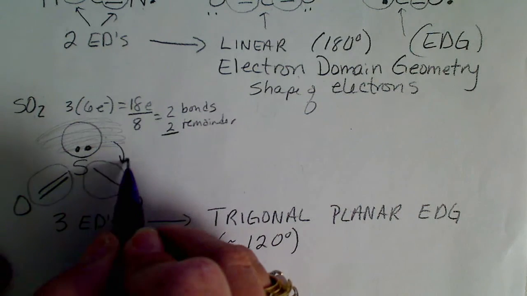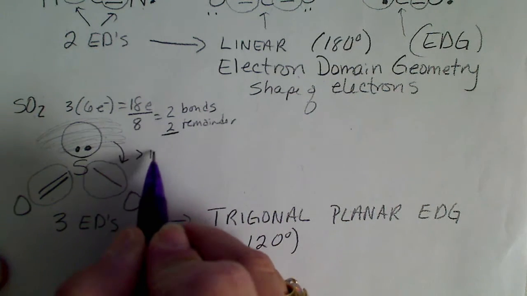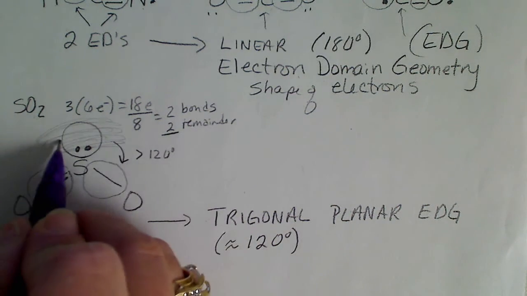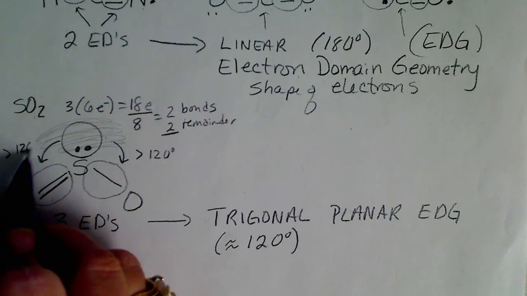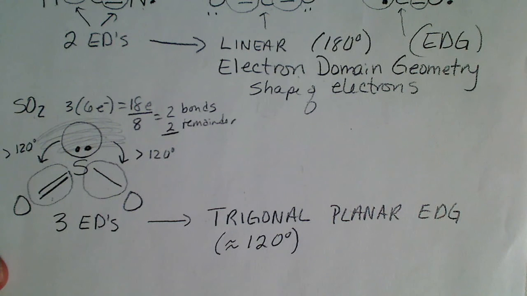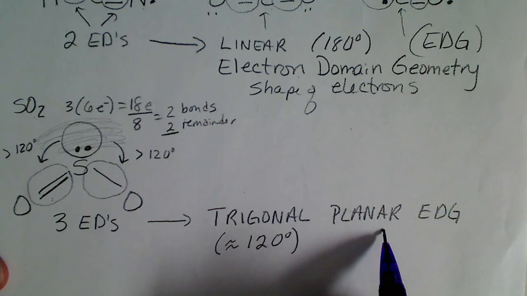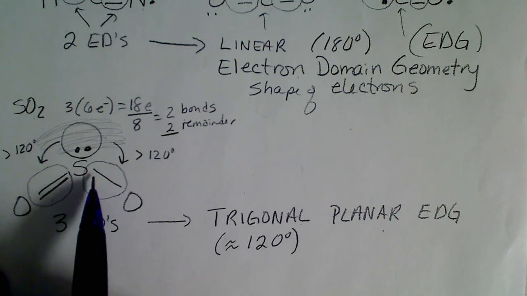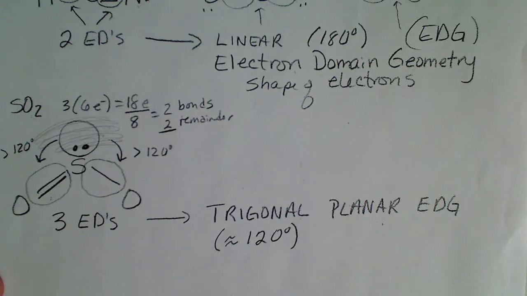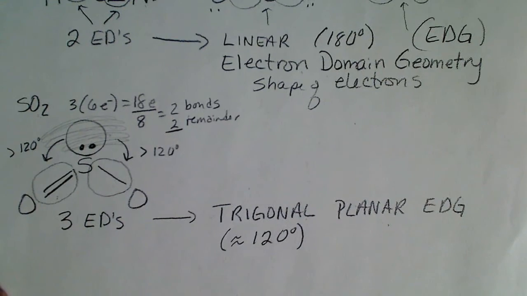So these angles here would be a little bit greater than 120 degrees, but that's not the focus of what we're discussing here. We're just looking at these basic electron domain geometries. So 3 groups of electrons around a central atom are going to take this trigonal planar position.